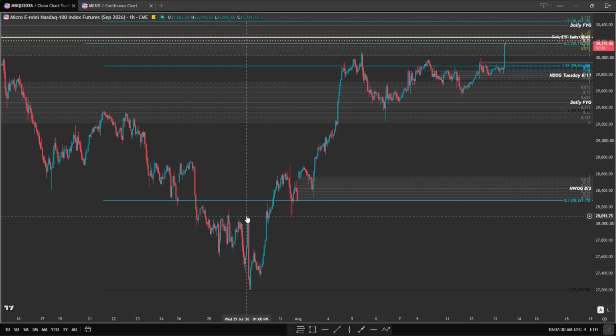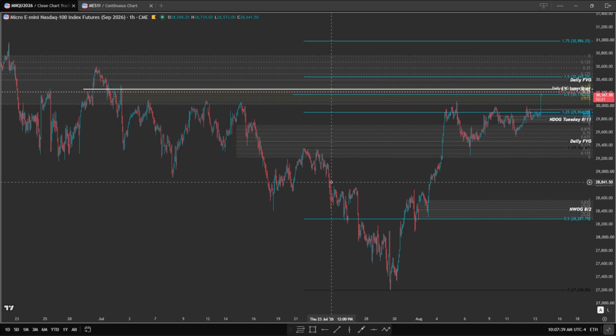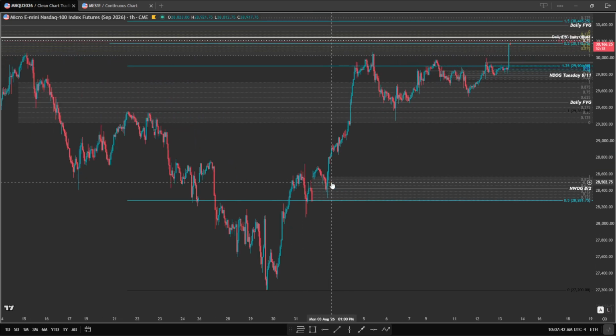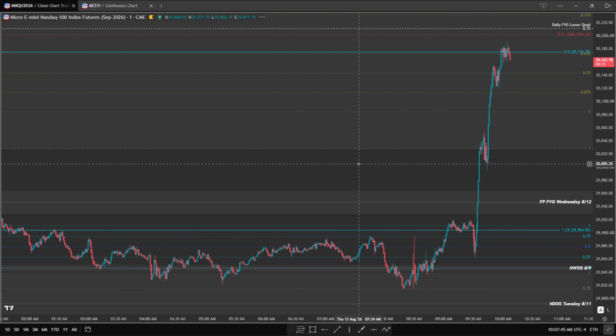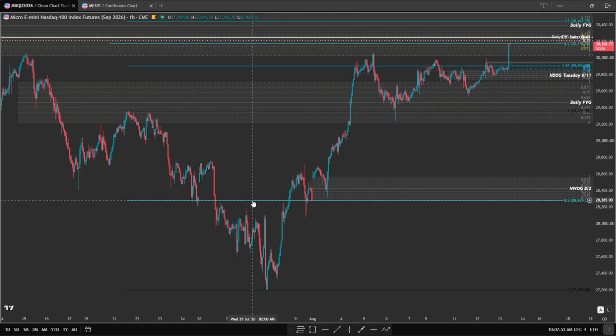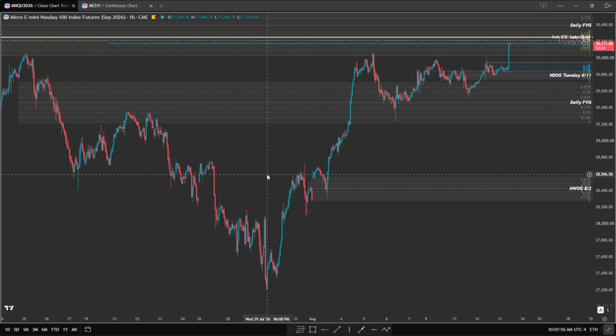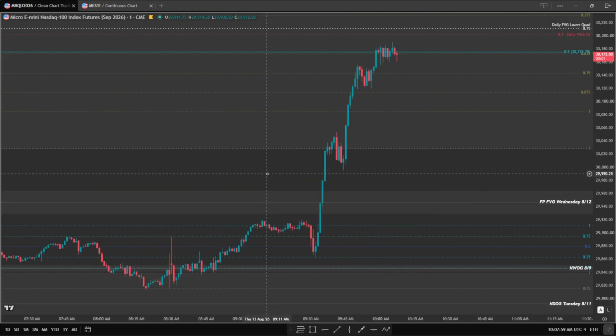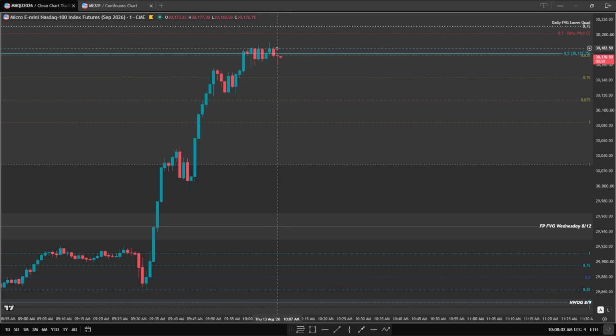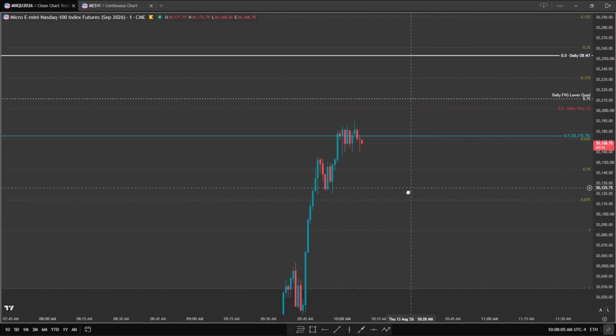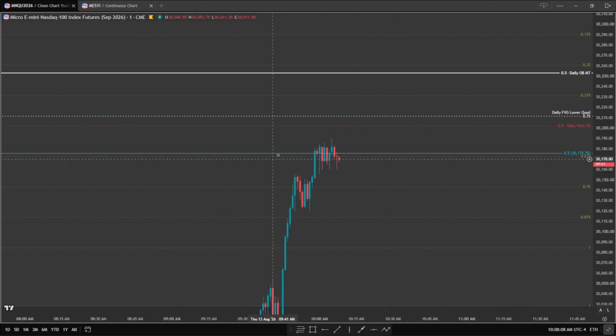The high of this breaker on the hourly right there. It's interesting that we're accumulating right at that level.